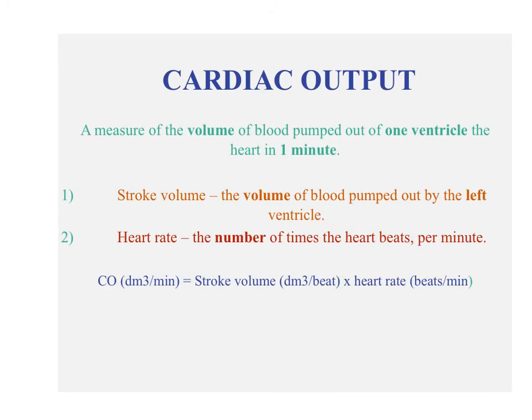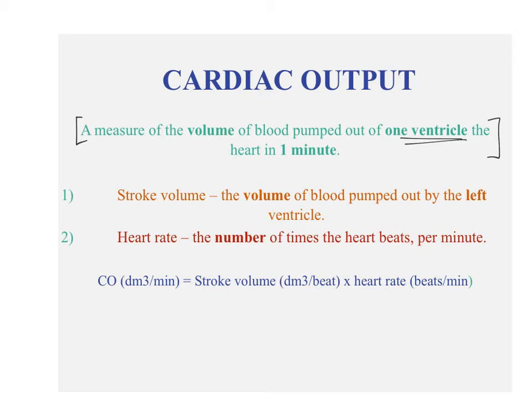Now, we've covered cardiac output before, and we've had a look at it previously. We've done this equation. We know about the stroke volume and the heart rate. But as a definition, it's a measure of the volume pumped out of one ventricle of the heart in 1 minute. And we just previously looked at it as a measure of the blood pumped out of the heart in 1 minute.